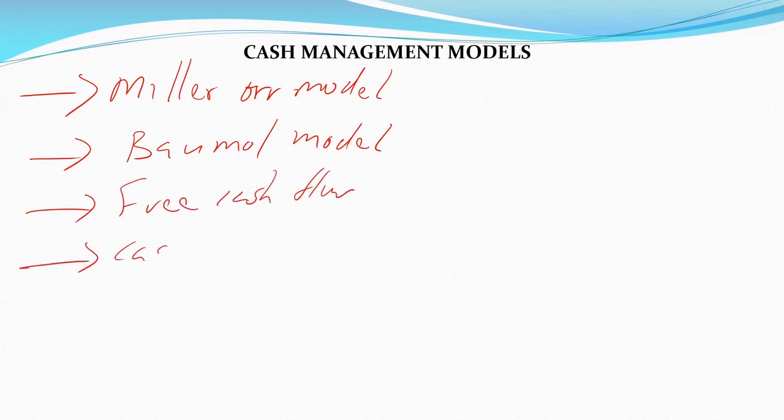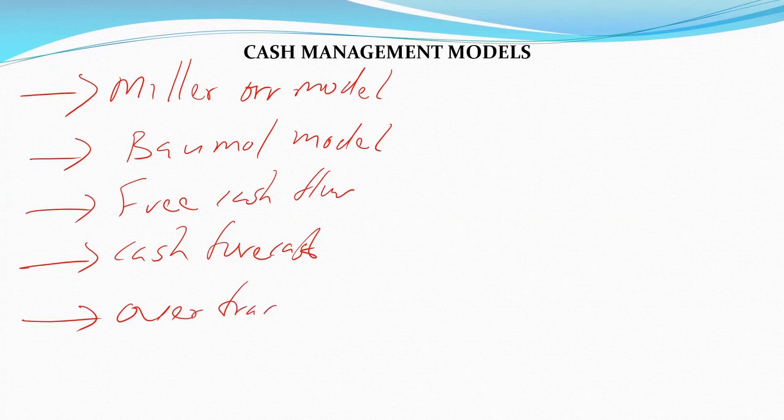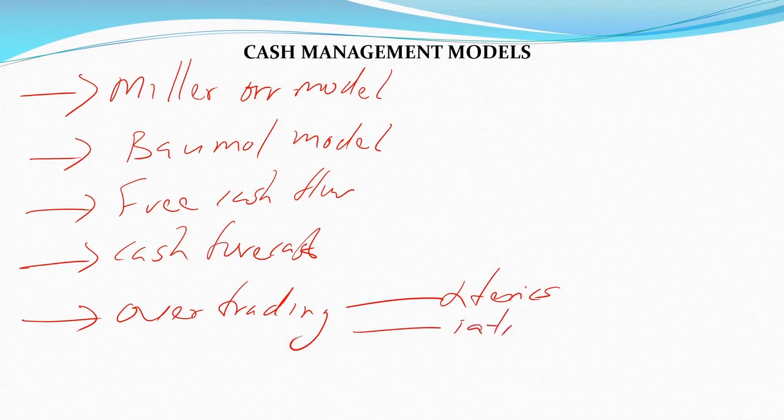We have cash forecasts or budget. And then you should be able to discuss or determine if a company is overtrading. You should know the characteristics of overtrading, the ratios to look at. So these are all the important highlights of the cash management model.